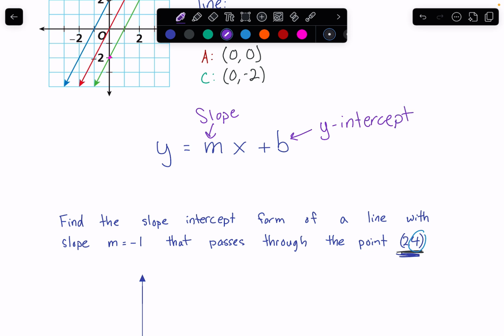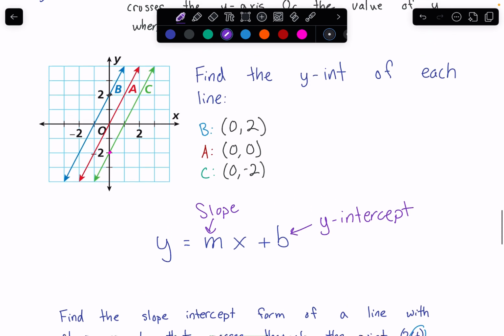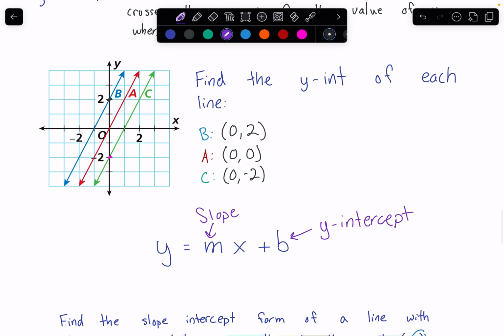Okay? So once we have that, we can actually just use the pieces of information we already have to plug it in and write the equation of the line. So let's, for instance, look at line B on this original example. Well, we start out just with y equals m. We need the slope, and the slope for all of these lines, rise over run, is just 2 over 1, or 2, so the slope is 2.